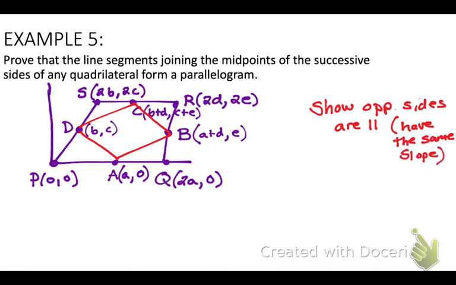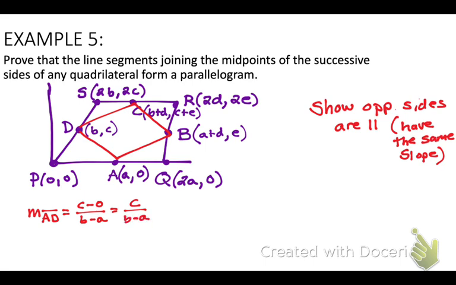So how do we find the slope of lines? Let's do the slope of AD first. Subtract your y's: c minus 0, all over b minus a. So c over b minus a is my slope of DA.